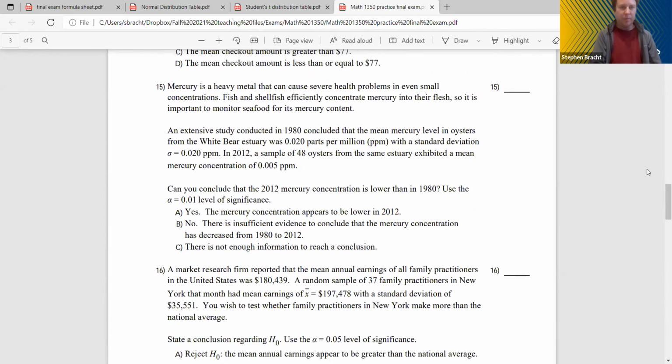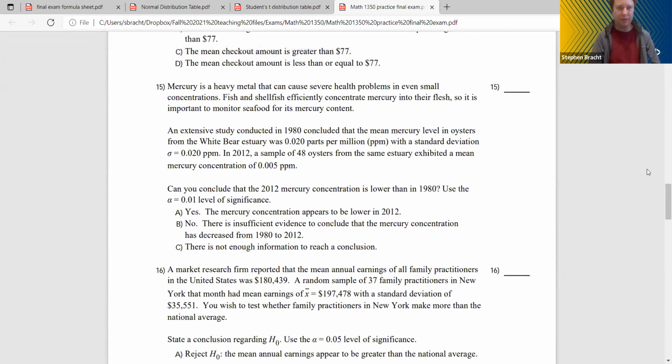All right. For 15, mercury is a heavy metal that can cause severe health problems in even small concentrations. Fish and shellfish efficiently concentrate mercury into their flesh. So it is important to monitor seafood for its mercury content. An extensive study conducted in 1980 concluded that the mean mercury level in oysters from the White Bear Estuary was 0.02 parts per million, with a standard deviation sigma of 0.02 parts per million.